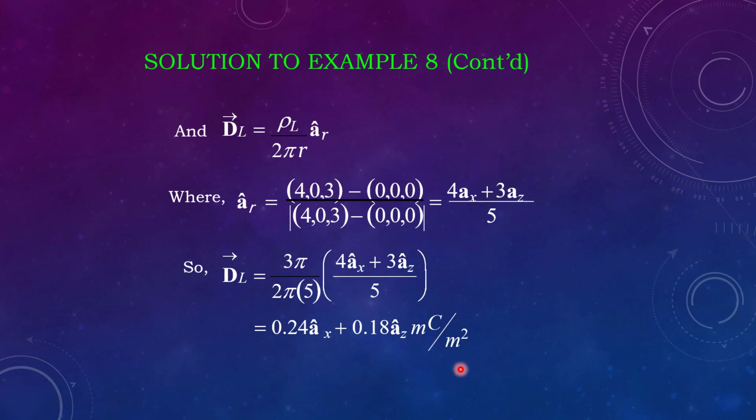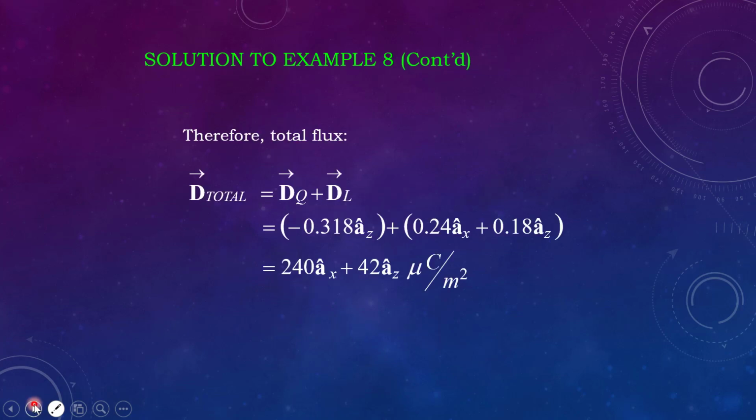Next we have to add these two densities dq and dl together. So d total is equal to dq bar plus dl bar. dq only has an az component and dl has both ax and az components, so the az components add together.